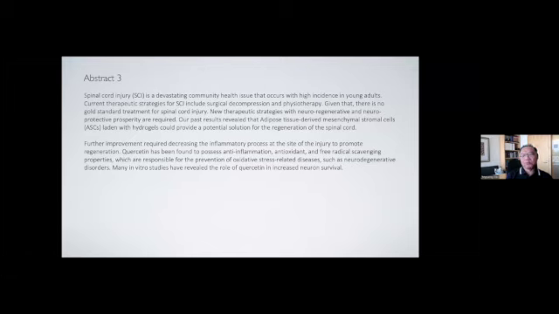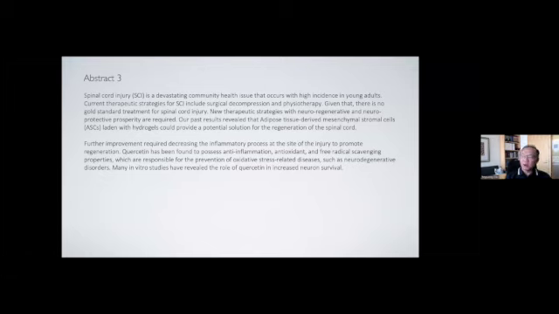Further improvement required decreasing the inflammatory process at the site of the injury to promote regeneration. Quercetin has been found to possess anti-inflammation, antioxidant, and free radical scavenging properties, which are responsible for the prevention of oxidative stress-related diseases, such as neurodegenerative disorders. Many in vitro studies have revealed the role of quercetin in increased neuron survival.